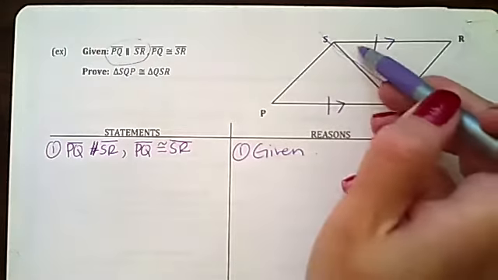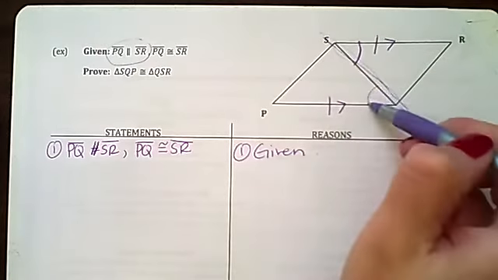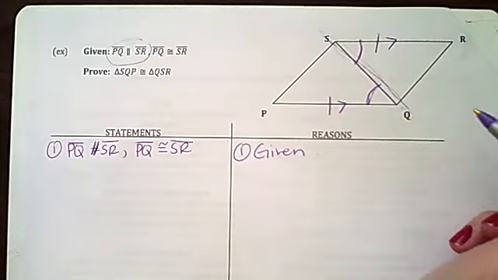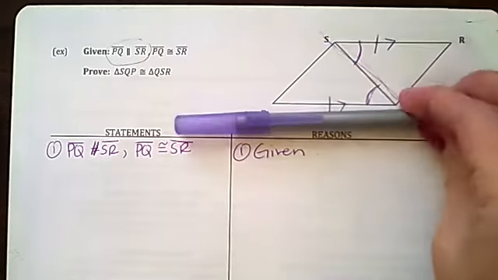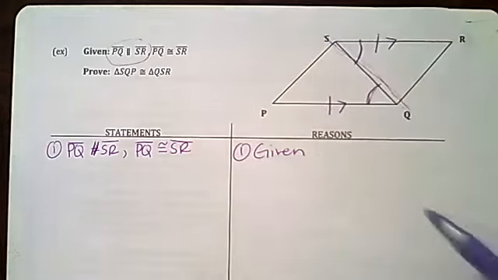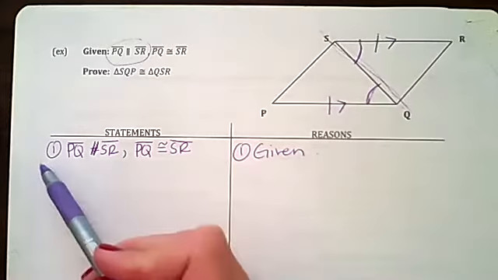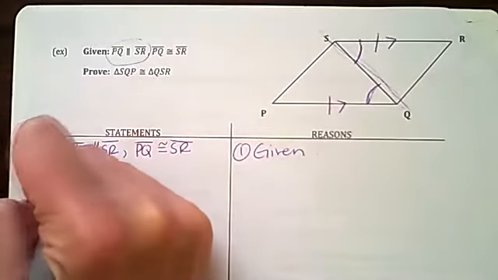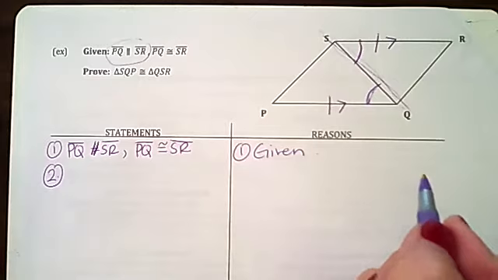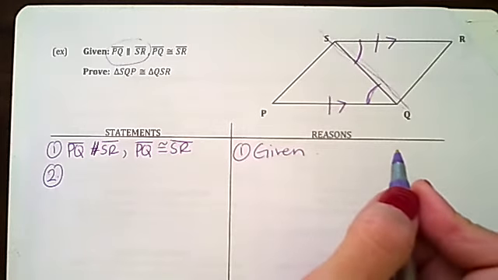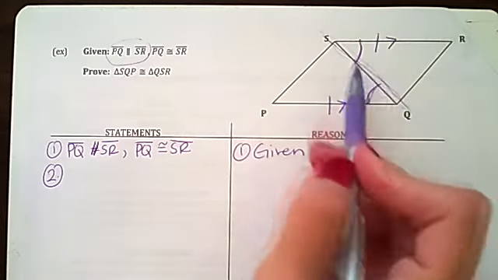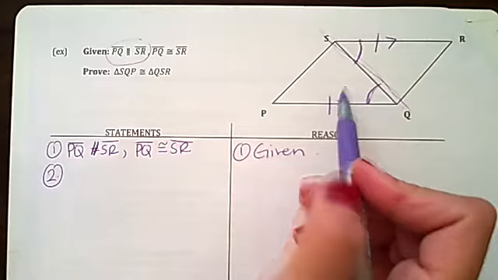So hopefully we see that these alternate interior angles are congruent, right? Because this is parallel to this with this transversal. Since I marked them in the picture, I have to state them. So anything you mark, you must state. And I would highly suggest marking it and stating it and not just simply stating it, because then it's easier to see which congruence theorem is going to work.